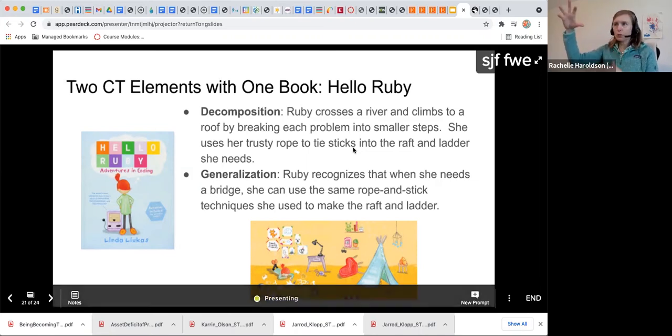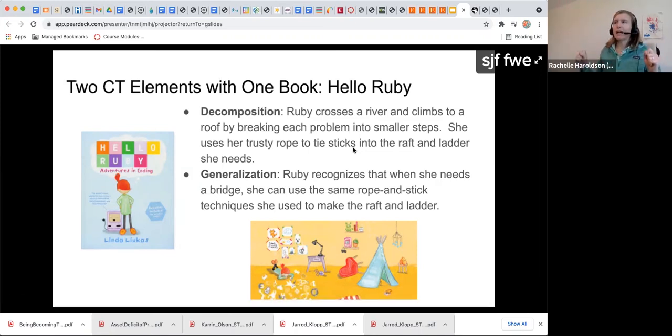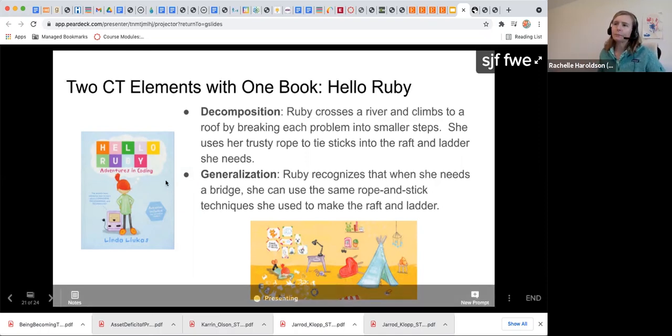So she climbs to a roof, she's breaking the problem down into smaller steps, and she uses her trusty rope to tie sticks into the raft and ladder that she needs, right? That's her engaging in decomposition. Then later, she engages in generalization when she recognizes that she needs a bridge. So she can use that same rope and stick technique that she used to make the raft now to make the ladder, right? So they're really intertwined.